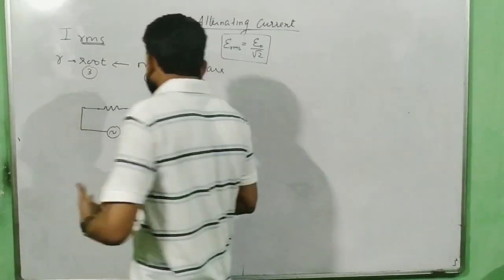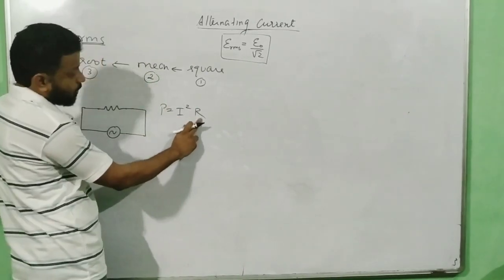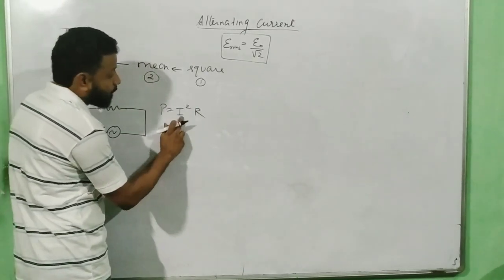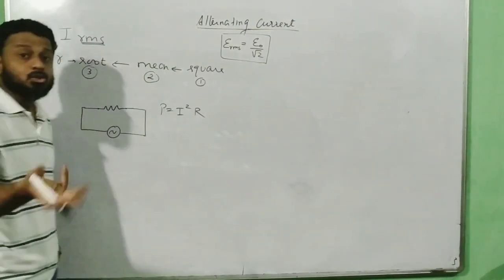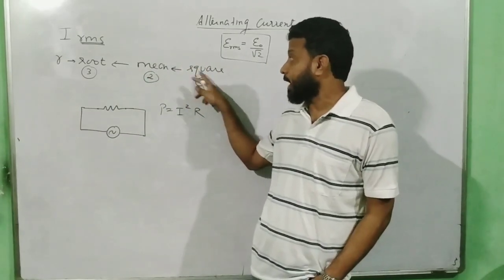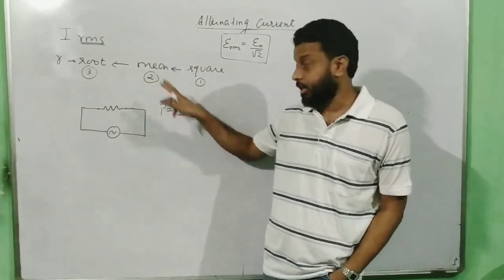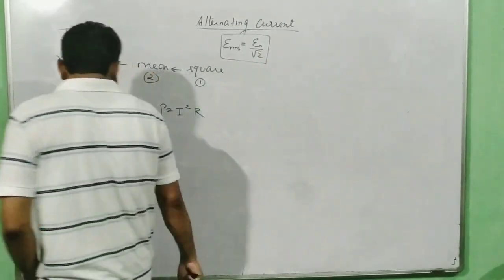Now if I have to find the average of power, remember resistance is constant. So my power depends on I square. That means I have to find the average of I square. So I have to square the current and then find the average. When I do that, I can find the power averaged over one cycle.